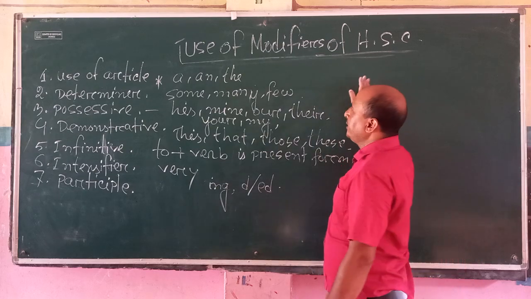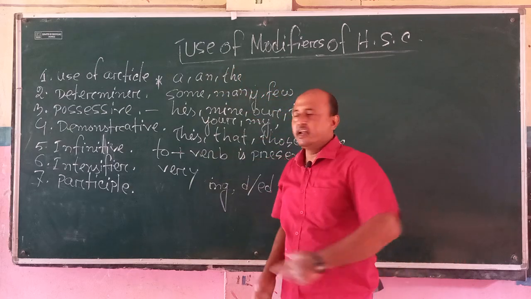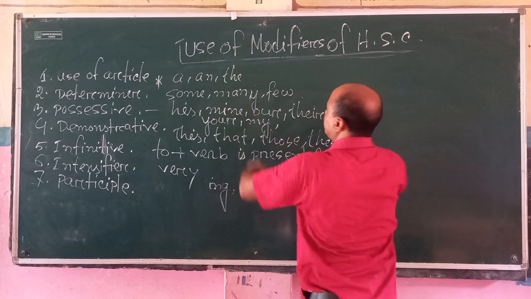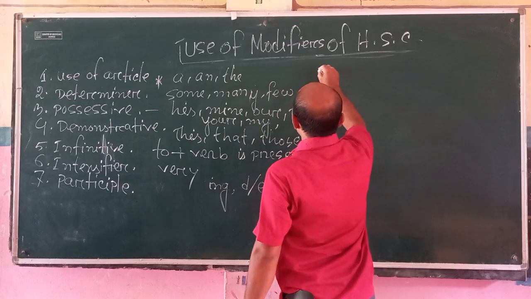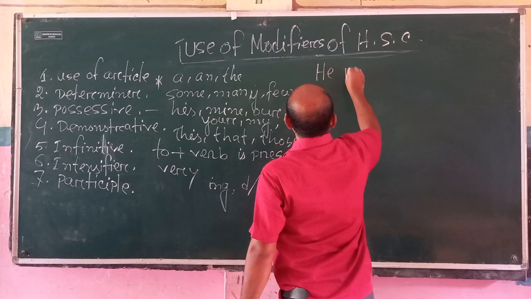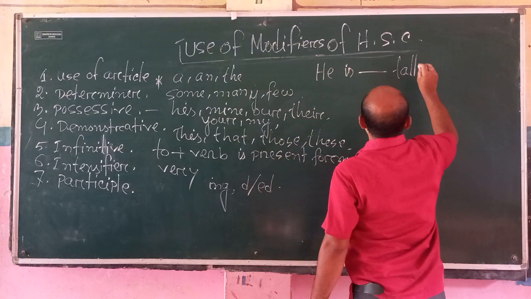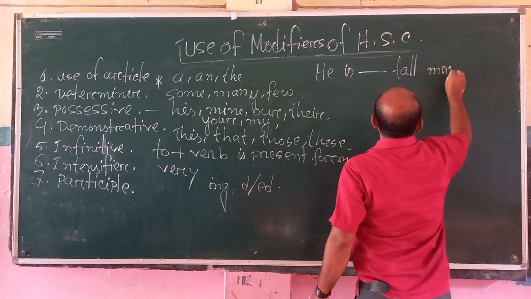Now I am giving you some examples for each alternative. The first example is: He is dash tall man.